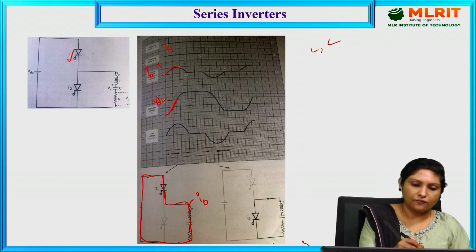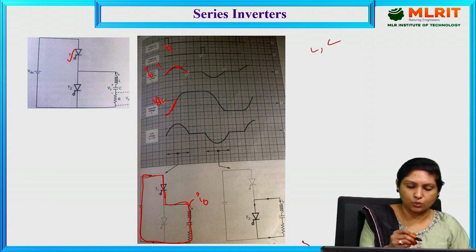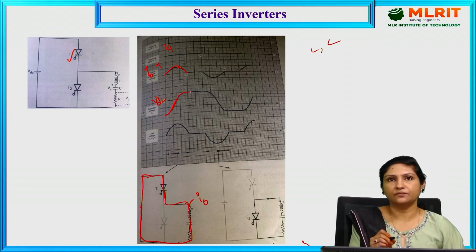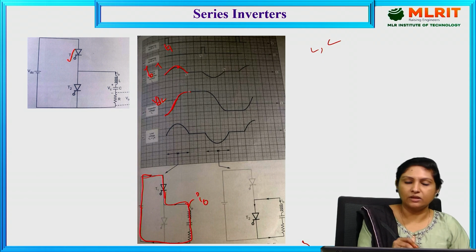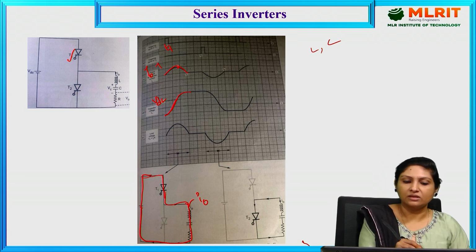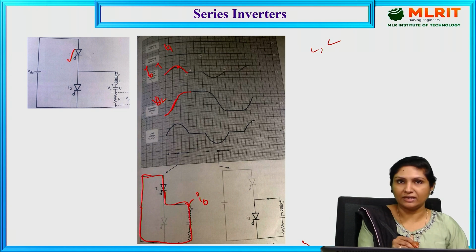Later the current through the load is getting reduced and is almost becoming zero by the time the capacitor is charged to positive voltage. The capacitor holds this positive charge, and by that time the current through the load is finally zero.